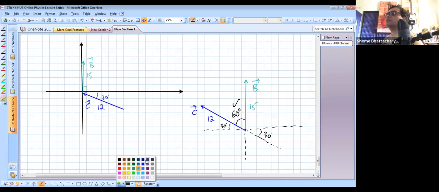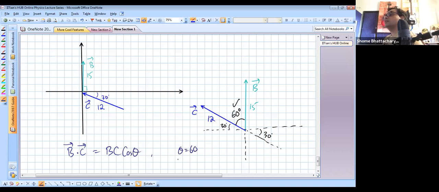Okay. So now you can see that when we define the value of B dot C, we get magnitude of B into magnitude of C into cos of theta, where in this particular case theta is 60 degrees. Okay, so substitute that, so you will get 15 into 12 into cos 60.